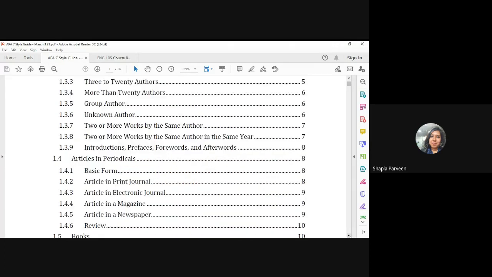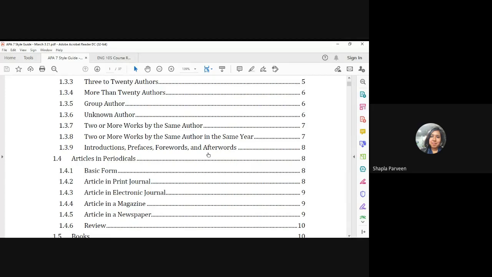You can see 2 or more works by the same author, 2 or more works by the same author in the same year. Then if you're borrowing information from introductions, prefaces, forewords, afterwords. Especially when there's a compilation of work, usually in these types of writings there's an editor or editors involved.